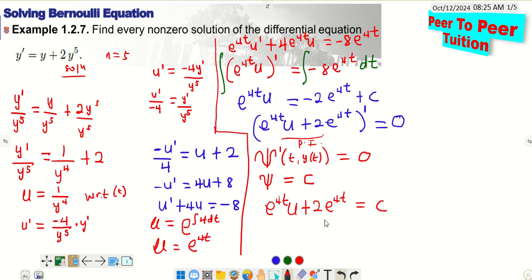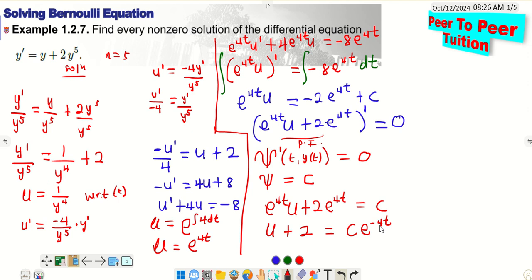Now we can solve for u by first dividing through by e^(4t). If I do that, I'll get u plus 2 should be equal to, if I divide here by e^(4t), I'll get C e^(negative 4t).